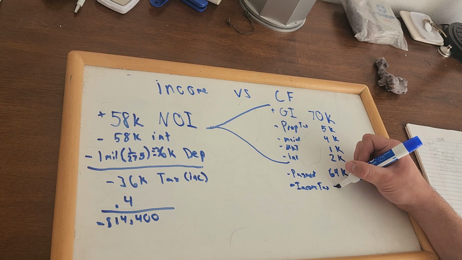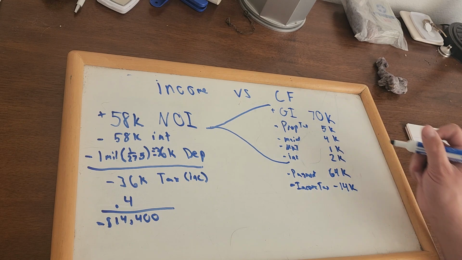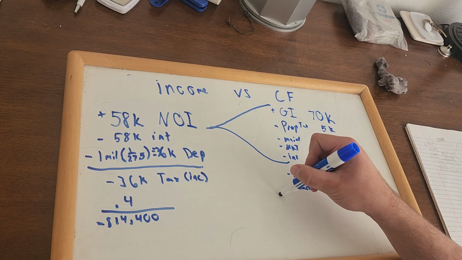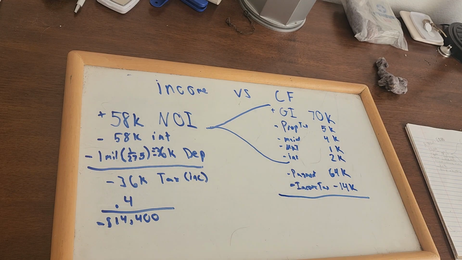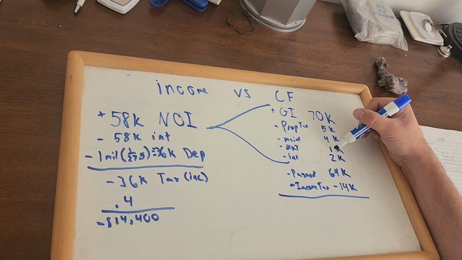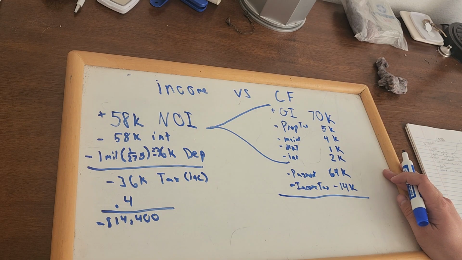So we're going to put negative, and we're going to round this, 14K. Well, since we're subtracting a negative, it's going to end up being a positive for our statement of cash flow. So let's go through this. We've got 70 minus 5, minus 4, minus 1, minus 2. We already know that's $58,000.